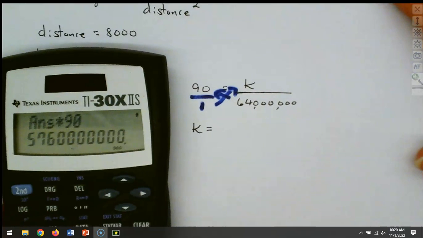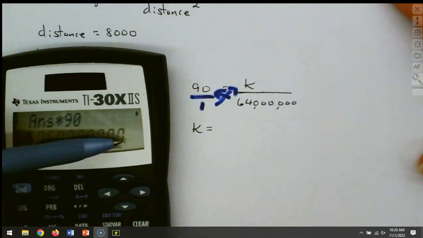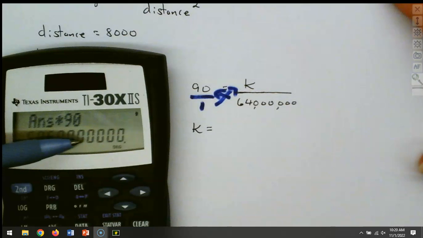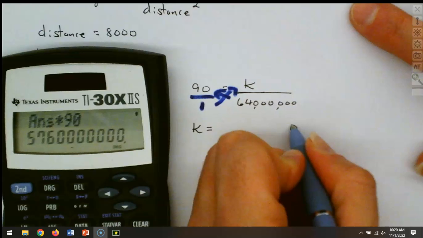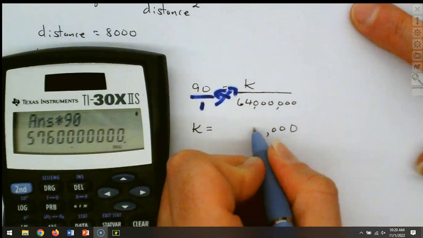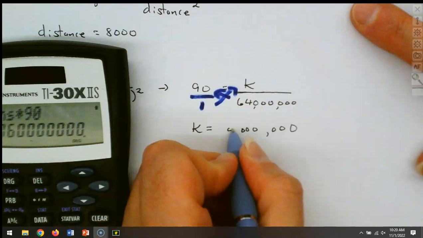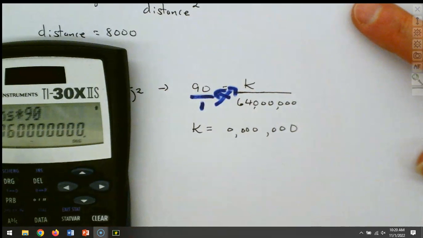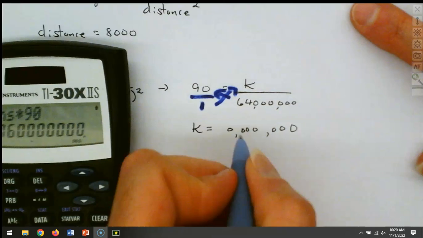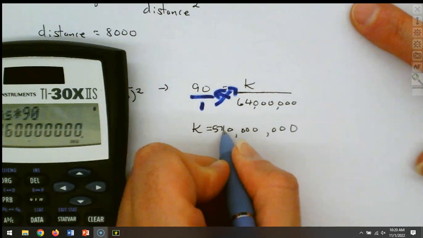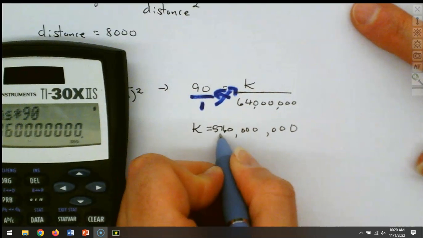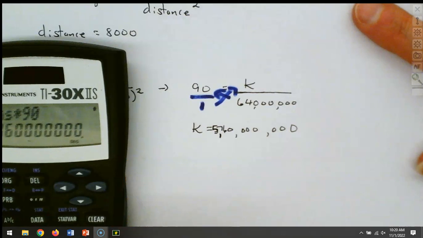It's going to be a huge value, and that's okay. Now it looks like 1, 2, 3, 4, 5, 6, 7 zeros, 7 zeros and a 576. And that's fine because that value is going to be large.